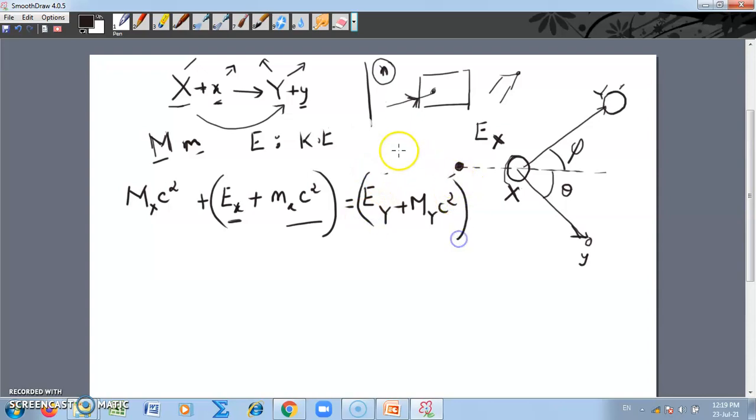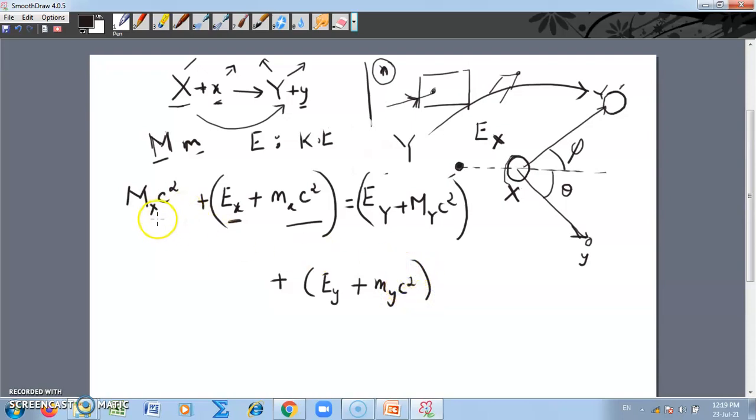This is the total energy of the nucleus Y, plus E_y plus m_y c square.